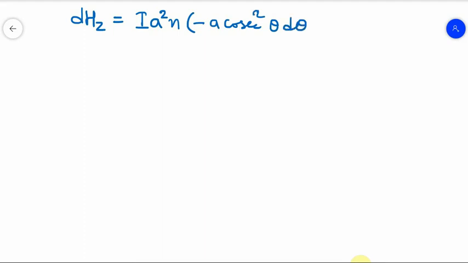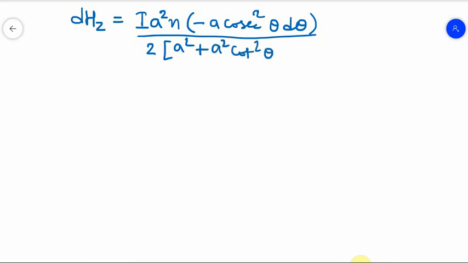Now this dHz equals I a square n into minus a cosec square theta into d theta, upon 2 times (a square plus a square cot square theta) to the power 3 by 2.